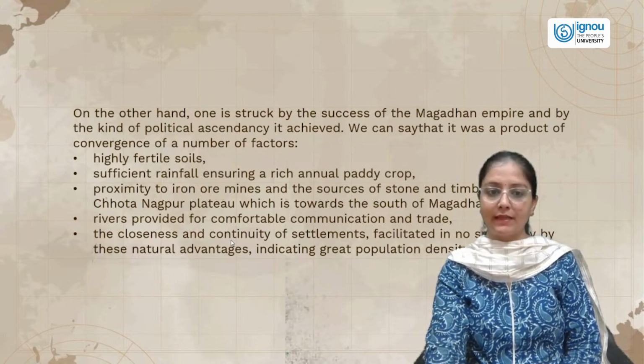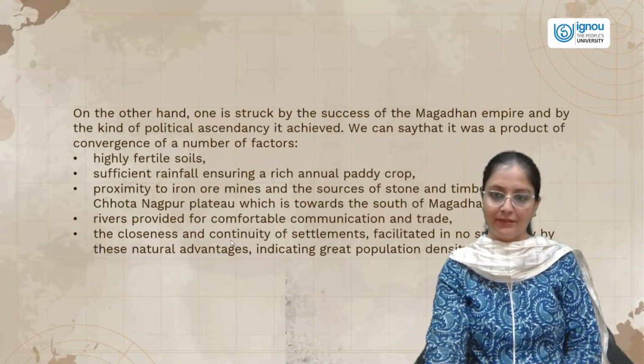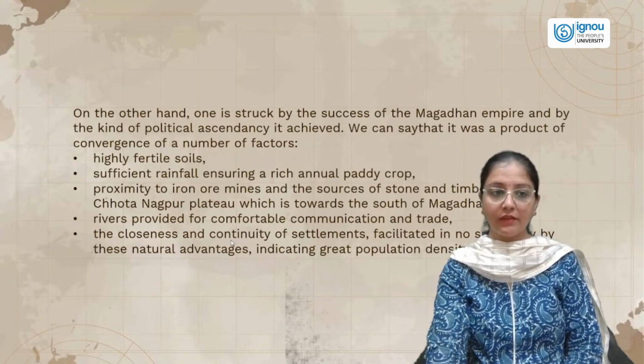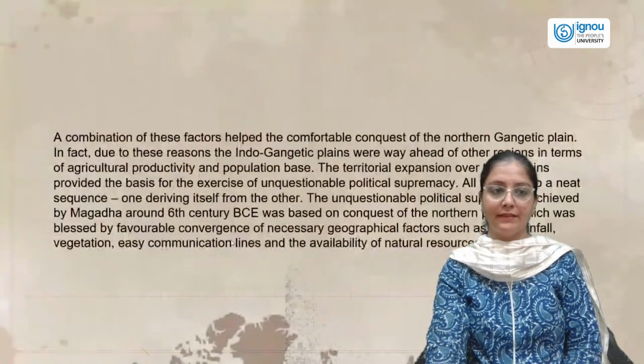The closeness and continuity of settlements was facilitated in no small way by these natural advantages. These are the advantages which the Magadhan Empire had to become a successful empire. These were all the reasons at that time.